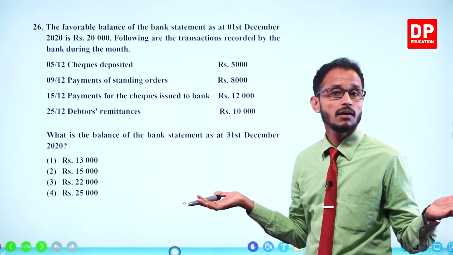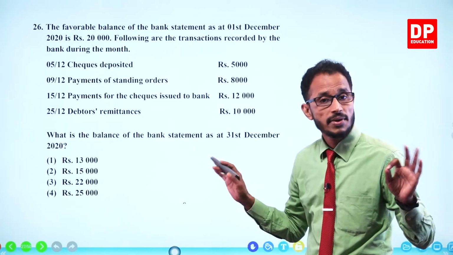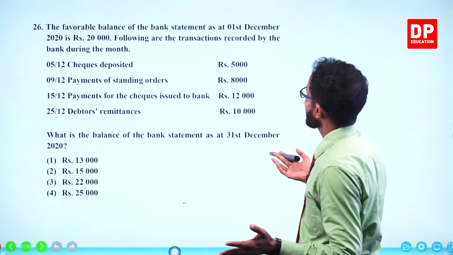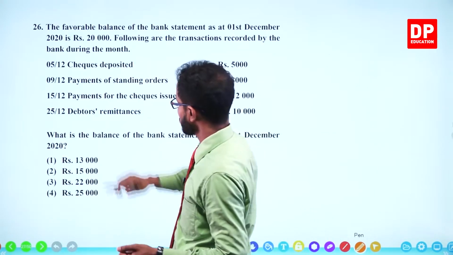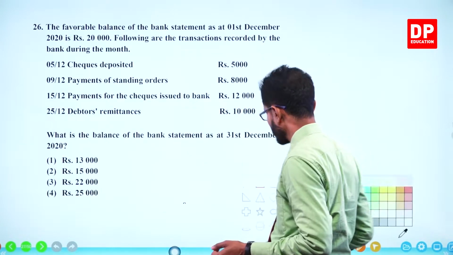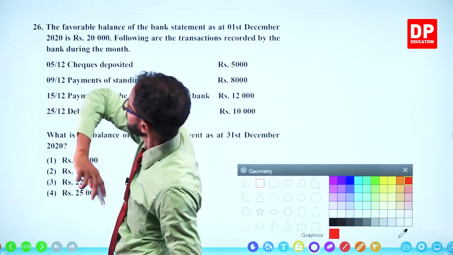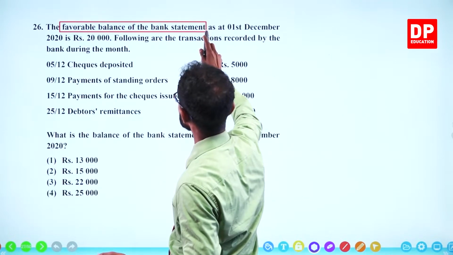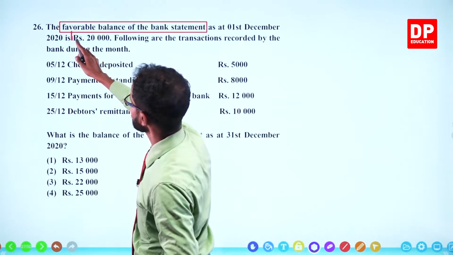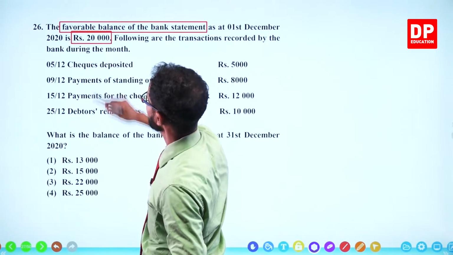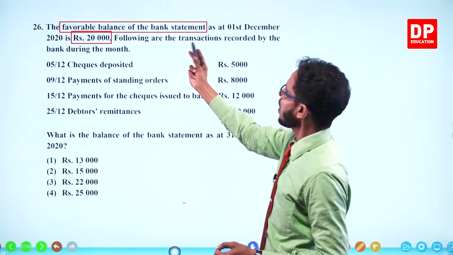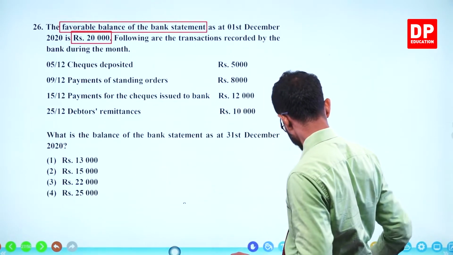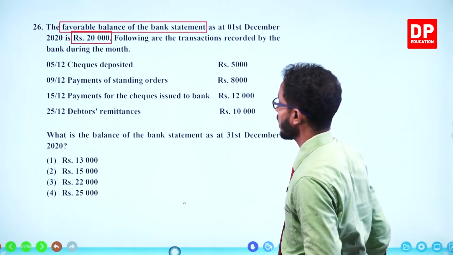How happy, oh wow, happy all around. We have money in the bank. 1st December was 20,000. Okay.